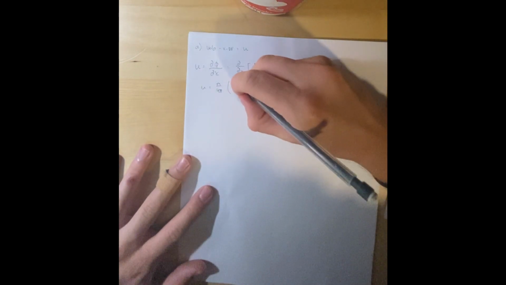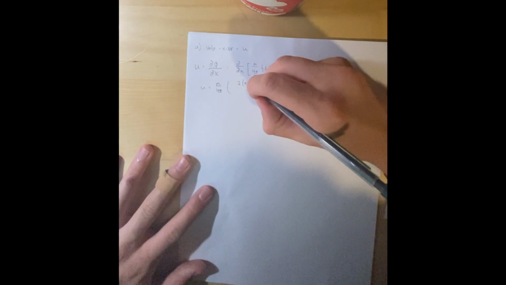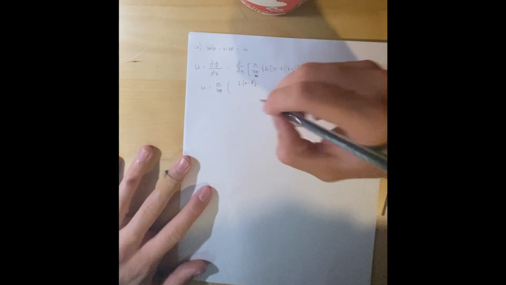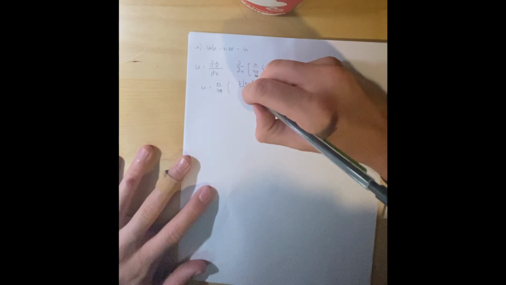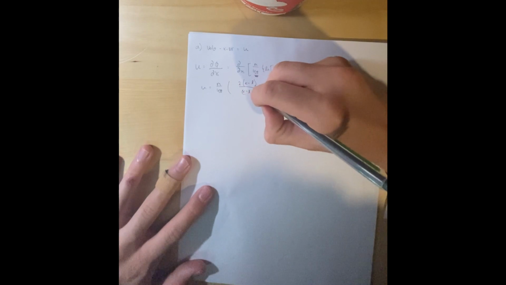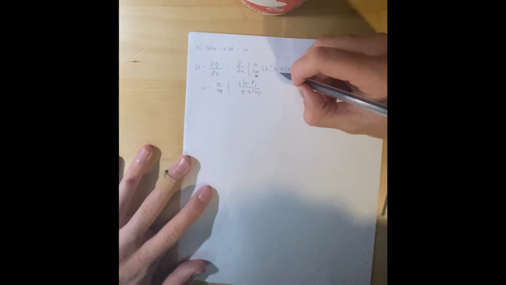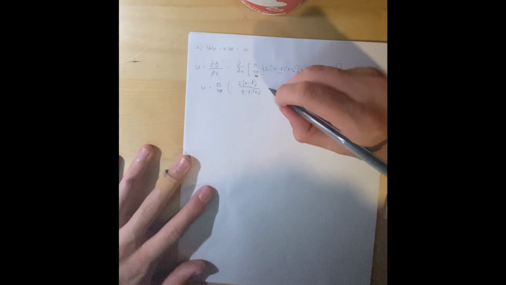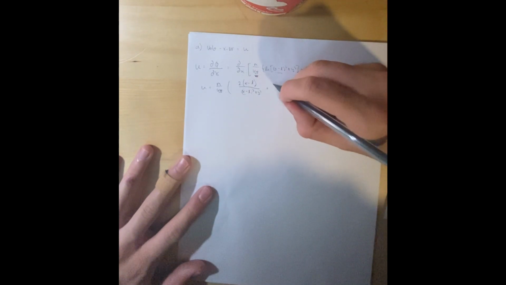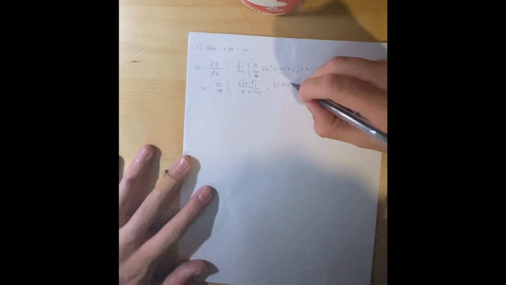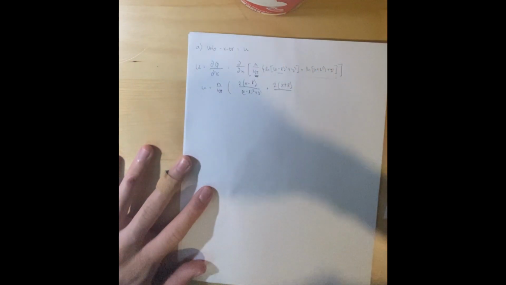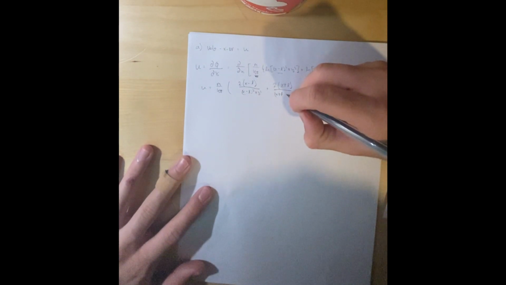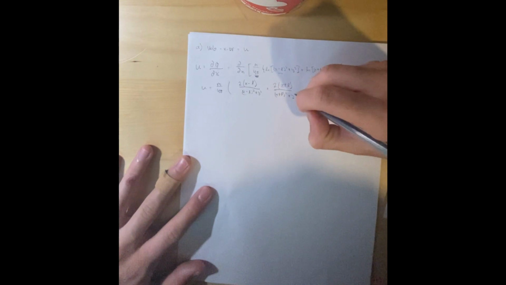If you do so, you get 2 times (x minus l) over (x minus l) squared plus y squared. That's for this first term right here. And for the second one, it's going to give us pretty much the same thing, except with that plus sign: 2 times (x plus l) over (x plus l) squared plus y squared.